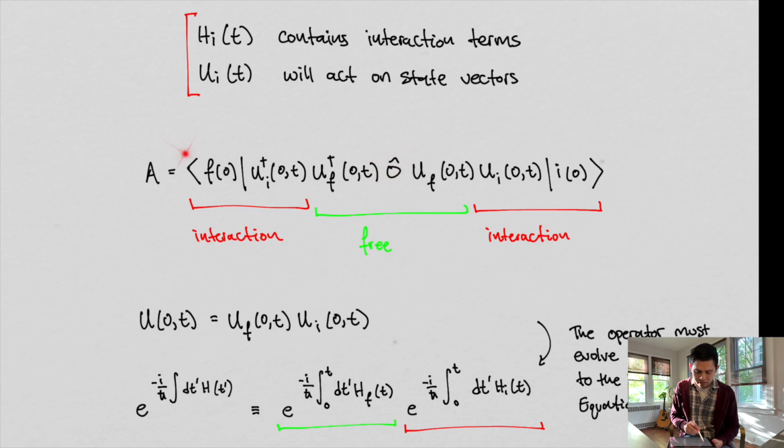So in some sense, this object here is capturing the dynamics of everything that we want to talk about. We're considering interactions, we're considering the free form, and we're considering the evolution of the basis.